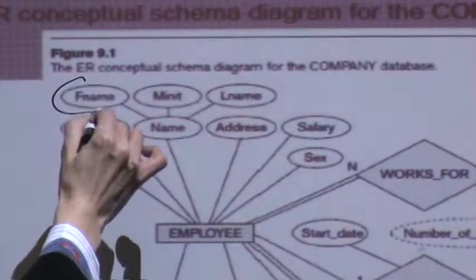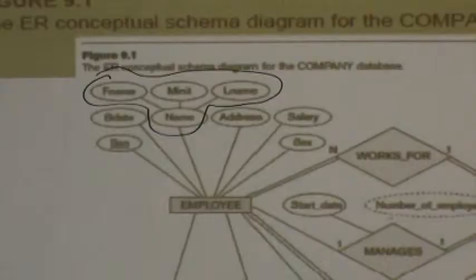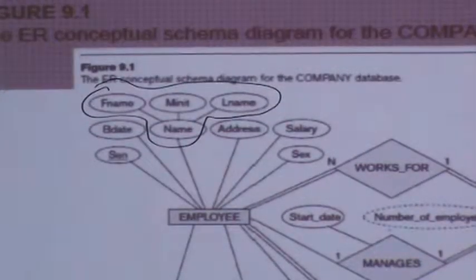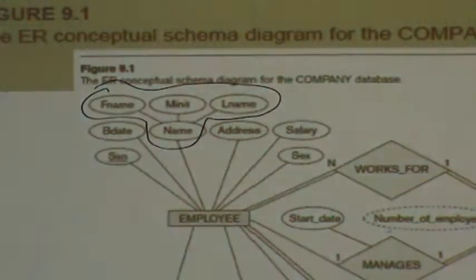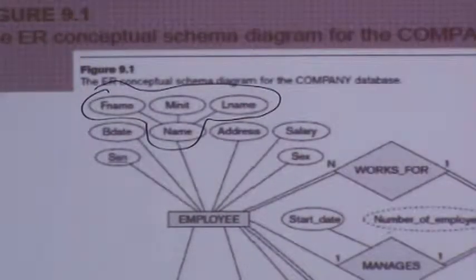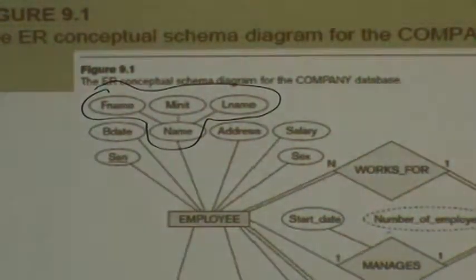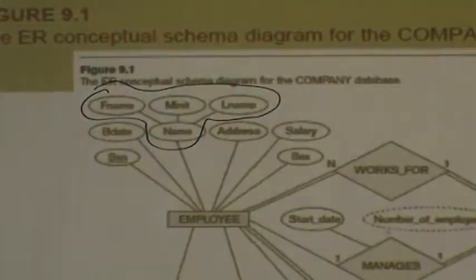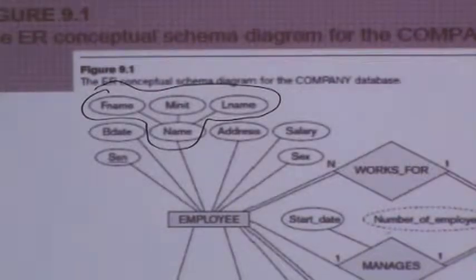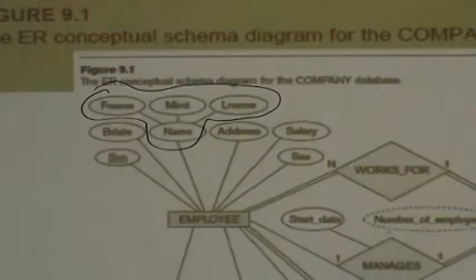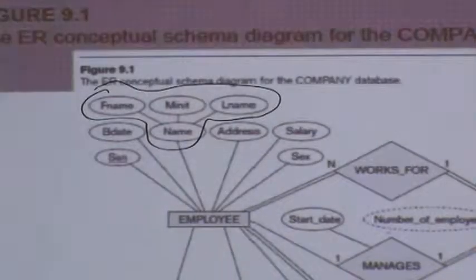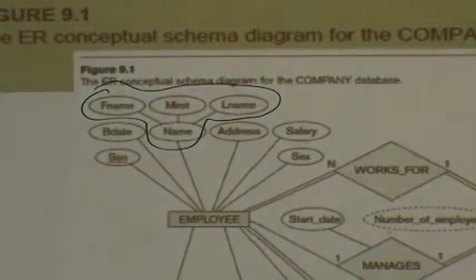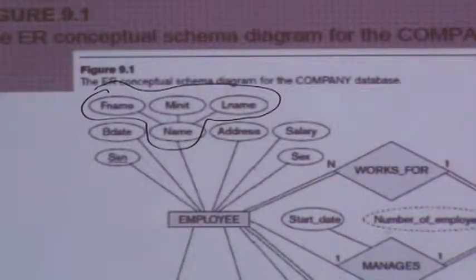What about the composite attribute? Is there any way to represent a composite attribute in the relational model? Unfortunately, the relational model does not allow composite attributes. Each value in the relational schema should be atomic; only one value is allowed.